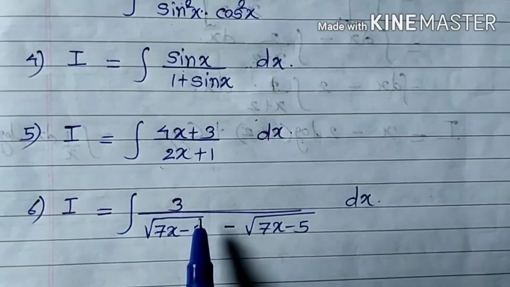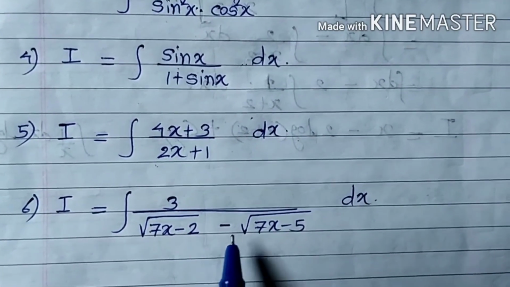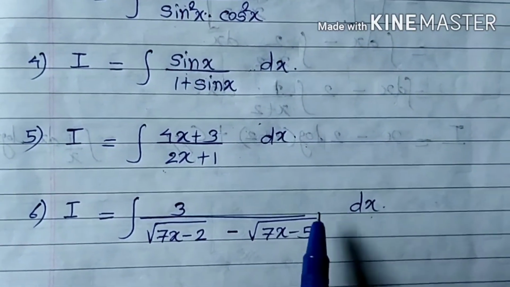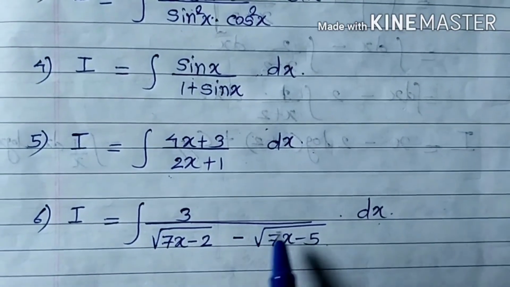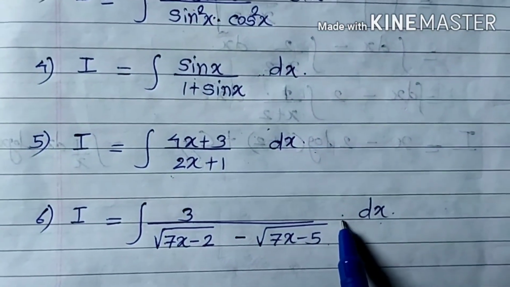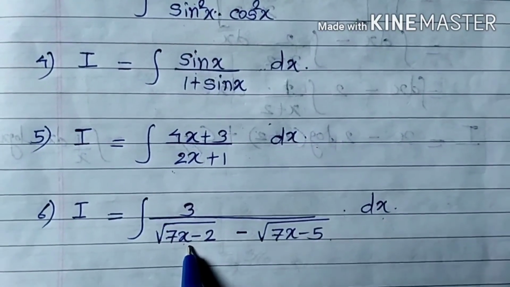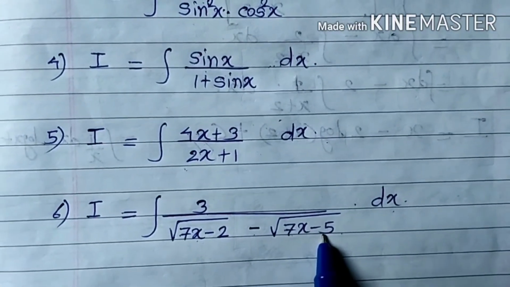And here I is equal to the integration of 3 upon under root of 7x minus 2 minus under root of 7x minus 5 into dx. Here you have to use the conjugate formula. Conjugate means multiply and divide by the conjugate. So here the conjugate is under root of 7x minus 2 plus under root of 7x minus 5.